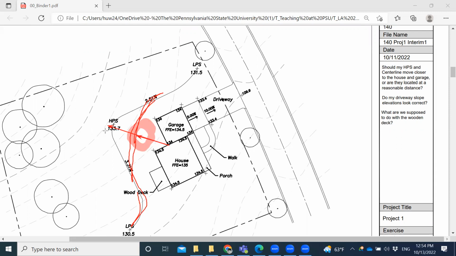Once you raise this corner and measure out that one, you'll find your HPS will be close to the value that you currently have, meaning that your centerline slope, because it's shortened a tad, will be a bit above what you have for now. Does that make sense? Yes, thank you. These do not need to be moved, just this portion.